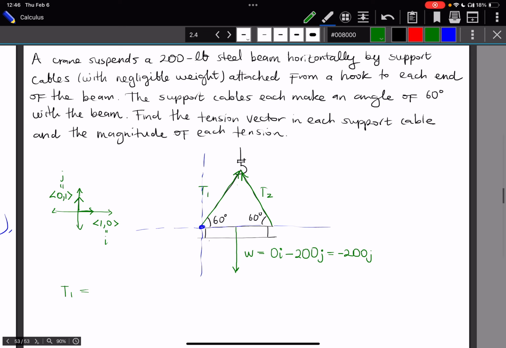We have the x component that is directly related to the cosine of 60 degrees right here. When we need to take the length, or magnitude, of T1 into account, we actually have the magnitude of T1 multiplied by the cosine of 60 degrees, and that's the x-coordinate of T1.